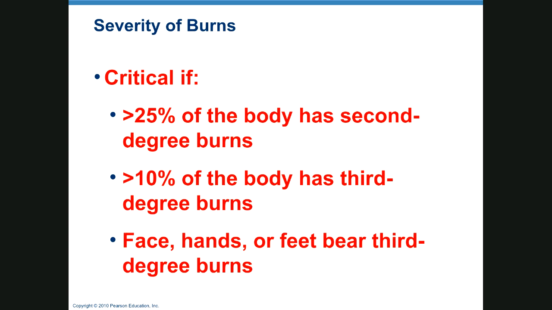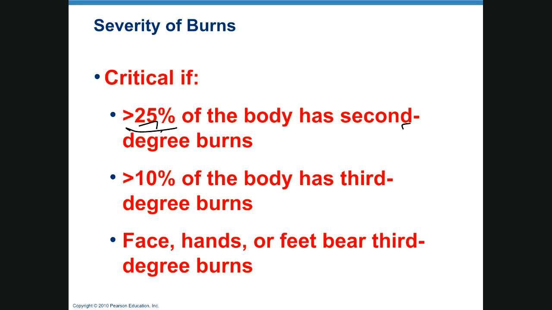A severe burn will be critical if more than 25% of the body has second-degree burns. Okay, now remember that the entire lower limb is 18%. So a second-degree burn that involves more than just the entire limb, one lower limb plus a few more areas, that will be critical.